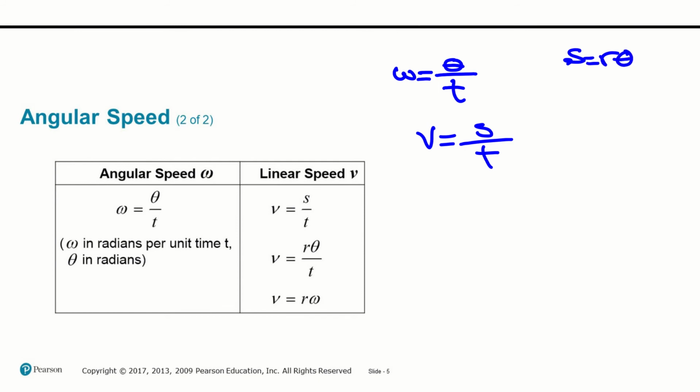That's how we find arc length. We discussed that formula before. So if we just replace S with R theta, we get R theta over T.